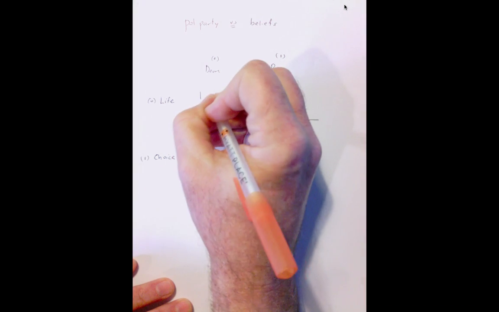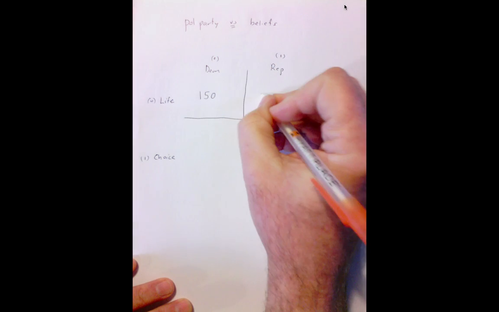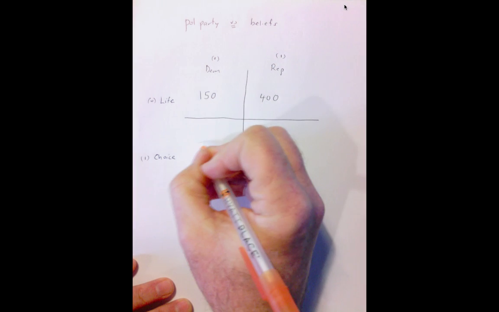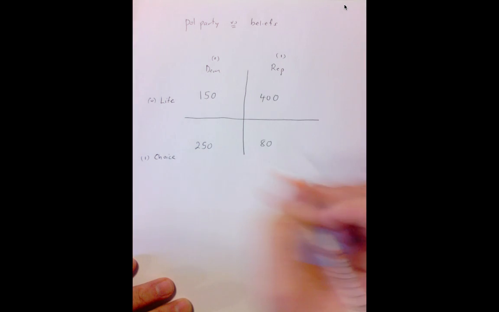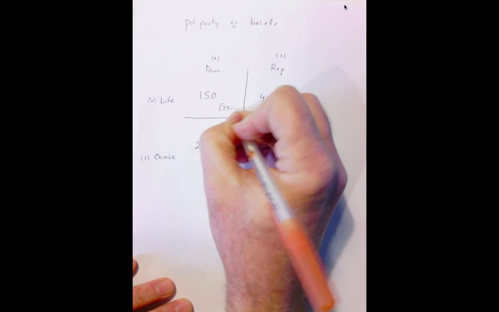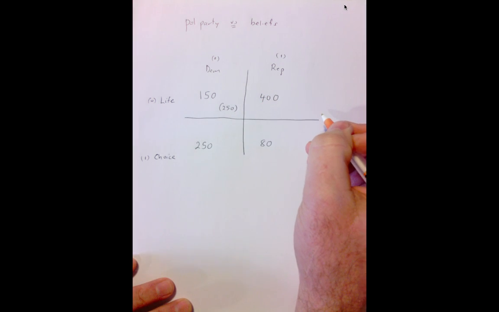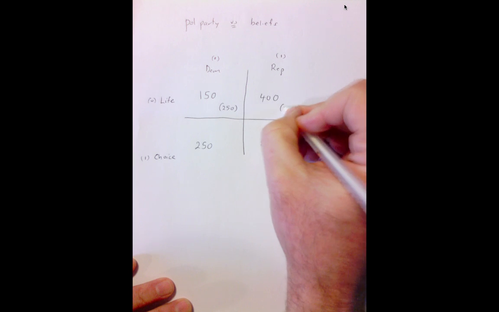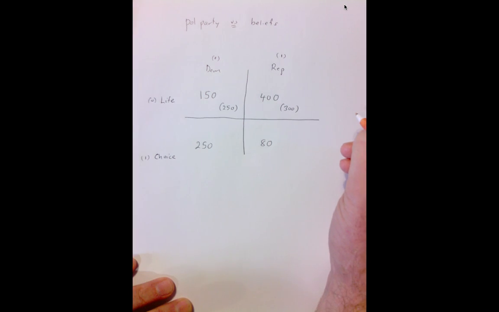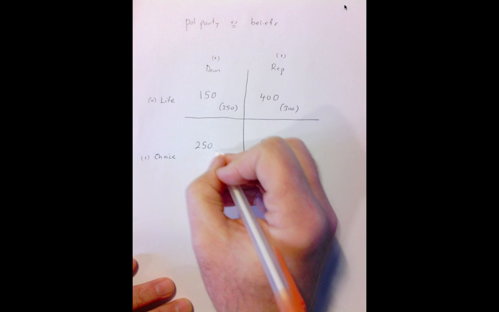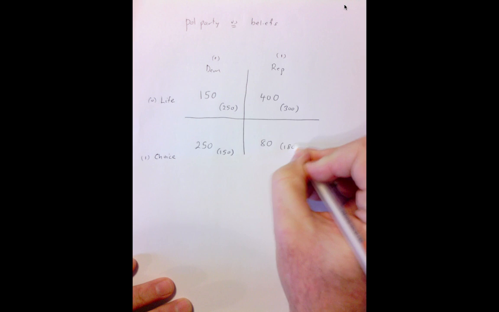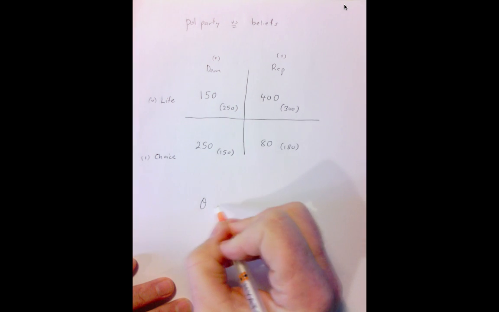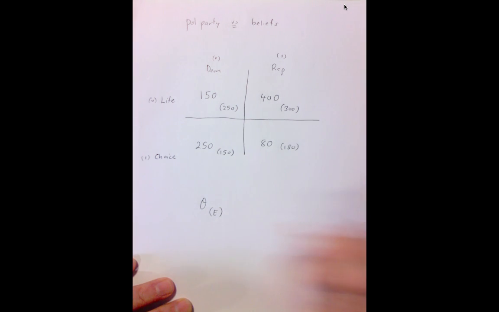And guys, the counts on these were 150, 400, 250, and 80. Now I want to put the expected counts. The expected count for a Democrat who is pro-life is 250. The expected count for a Republican who is pro-life was 300. The expected value here was 150, and the expected value here was 180. So the observed values, and then we have our expected values in parentheses.